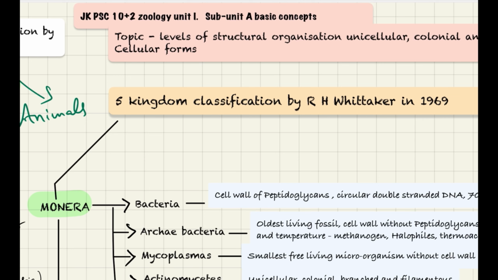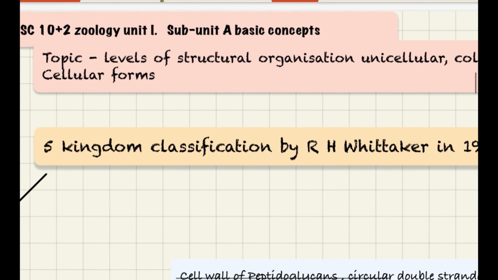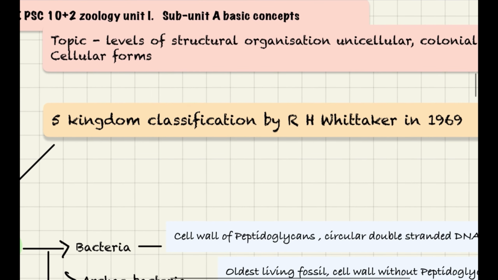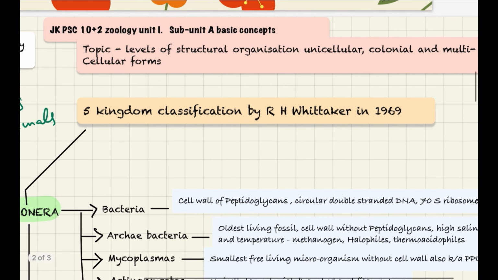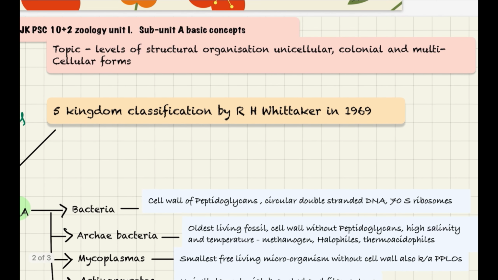Let's go ahead with the theme. The first theme which I could see was the level of structural organization in unicellular, colonial and multicellular forms. If it was only about the animals, then it would have been multicellular, but unicellular and colonial forms are there. It means the examiner wants more from us.